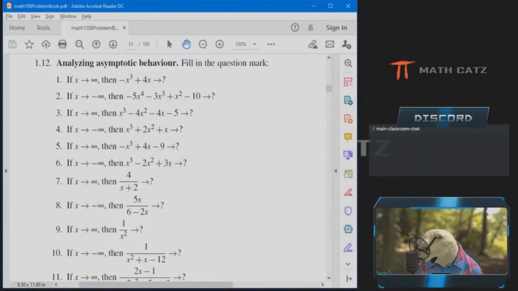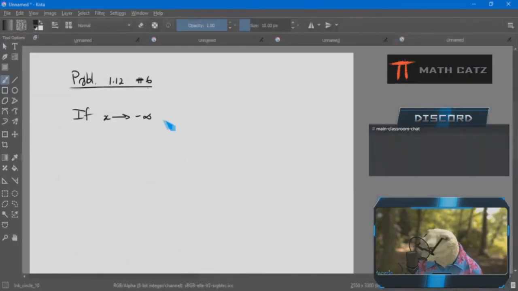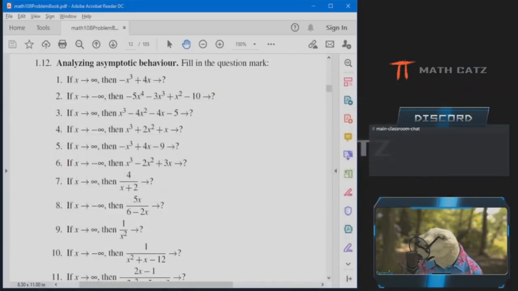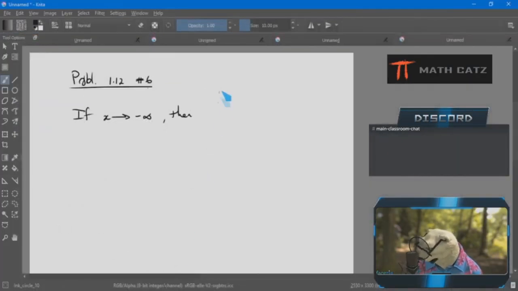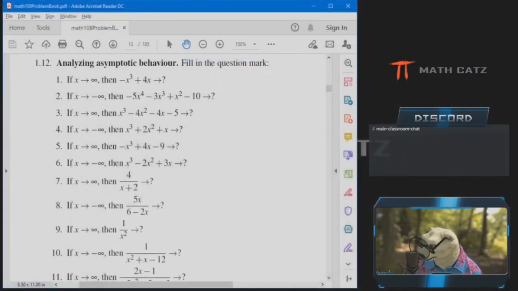As x goes to negative infinity, then my function, which is x cubed minus 2x squared plus 3x, will go to what? It's tedious to jump back and forth, but I can't memorize the whole function.